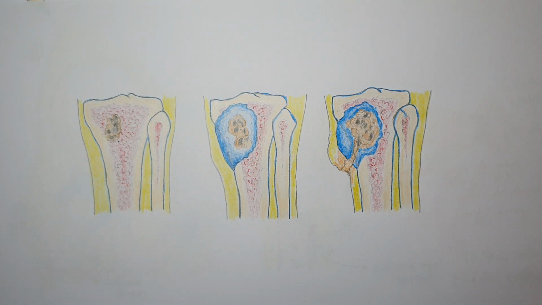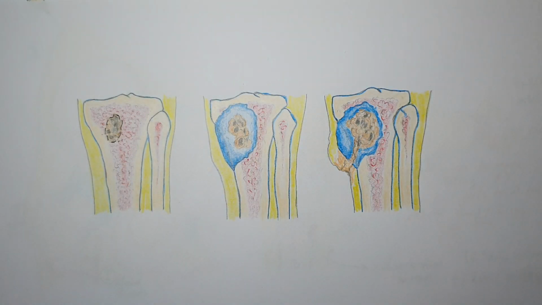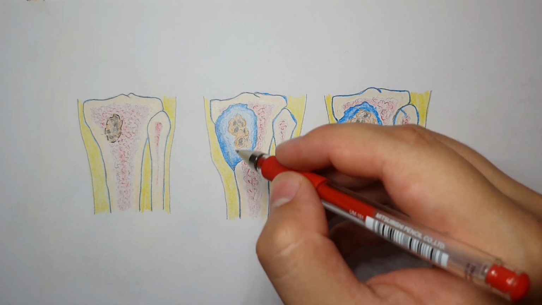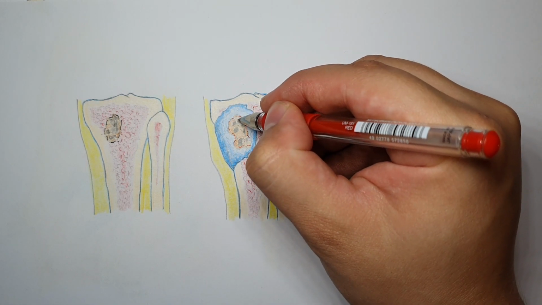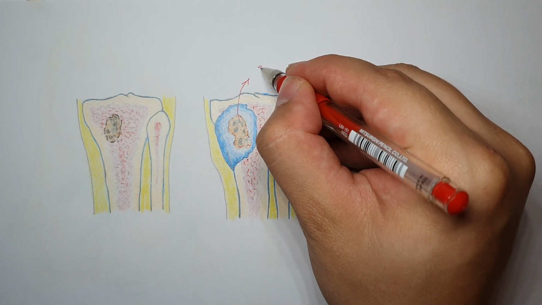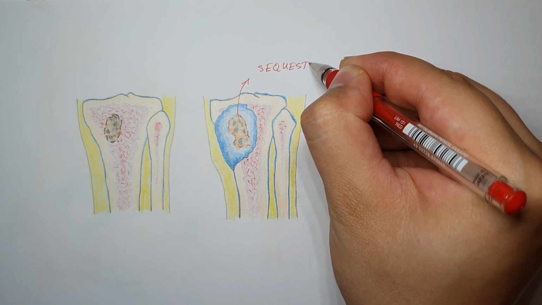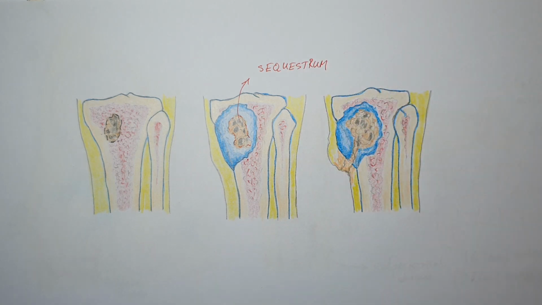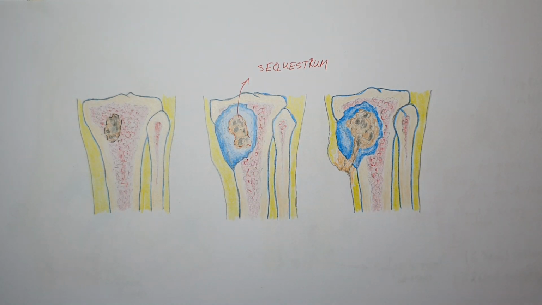Then if this focus of infected bone is not treated right, the bone there starts to die, and there are pieces of necrotic bone present there. These pieces of necrotic bone are called the sequestrum.